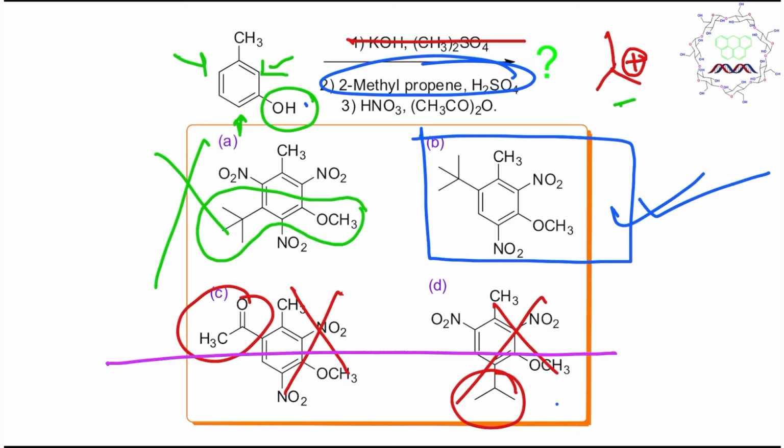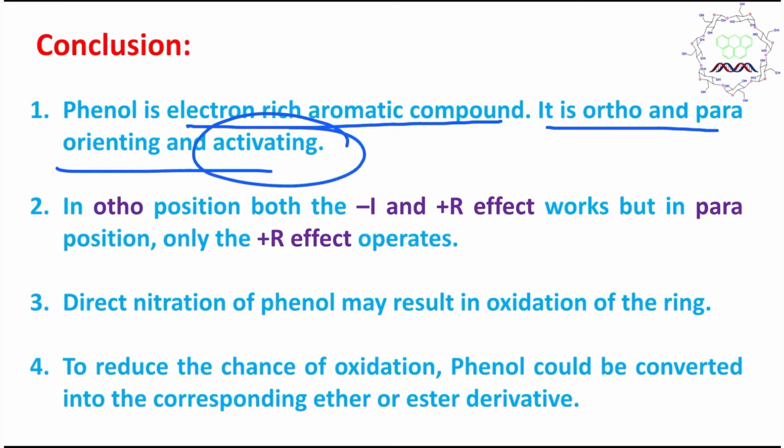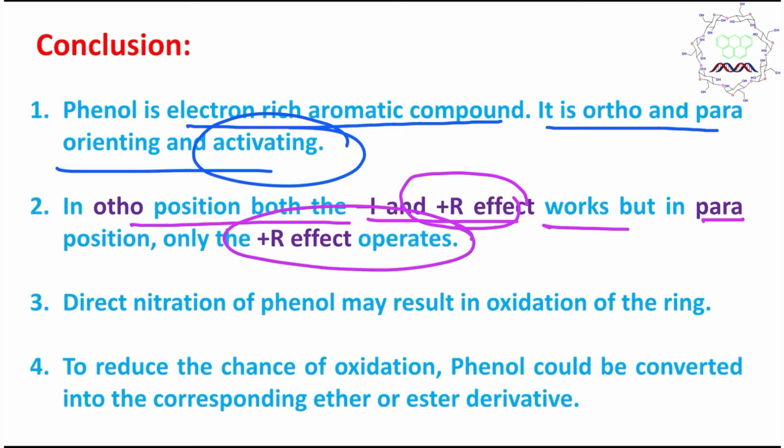So this is the end of the discussion. In conclusion, what you have learned today: phenol is actually an electron rich aromatic compound, and it is ortho-para orienting and activating. Okay, in the ortho position both minus I and plus R work, please remember, but in the para position only plus R operates.